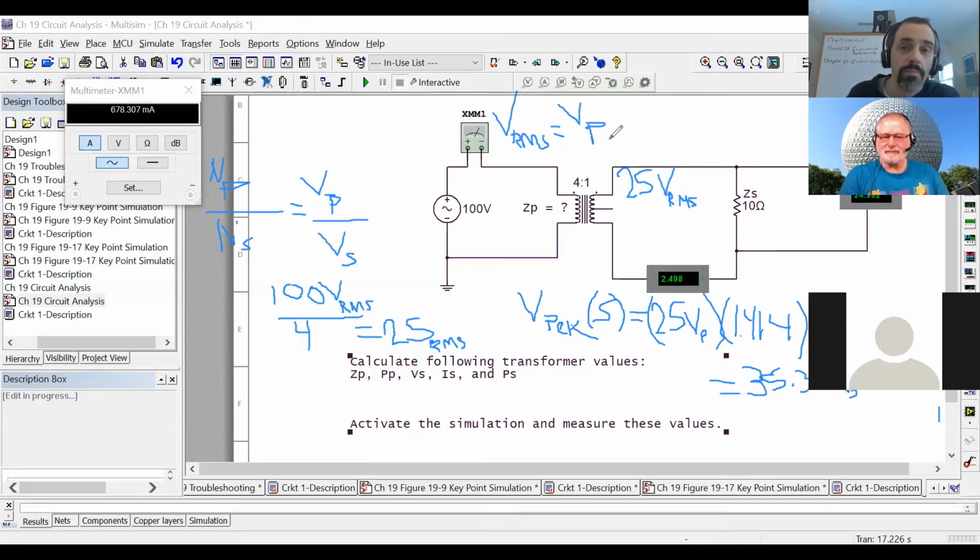V peak to VRMS, yeah, we multiply by 0.707 or something like that. Yep. Got it. Because if we take 0.707 and move that to the other side, it actually becomes 1.414. You take the inverse of 0.707, and it becomes 1.414. So, does that make sense? Yeah.